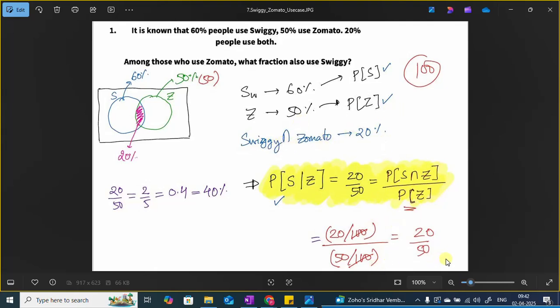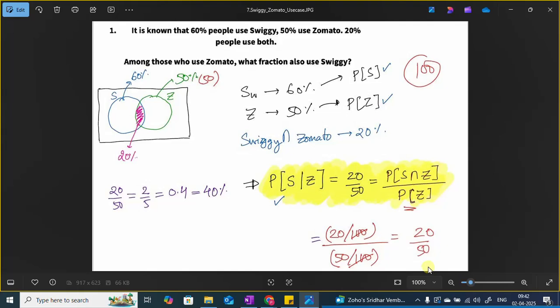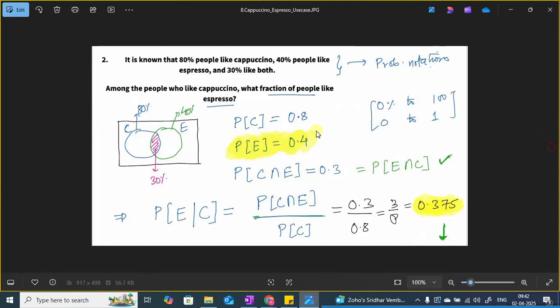Putting all the values in, I get 2 by 5. 20 by 50 means 2 by 5, which is 0.4, which is 40%. Clear? Same things we have done. Now let's come back to our next problem.